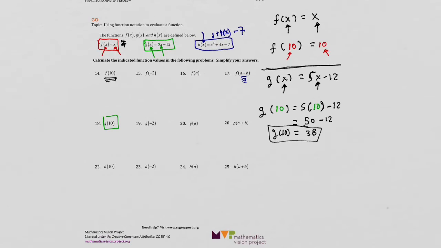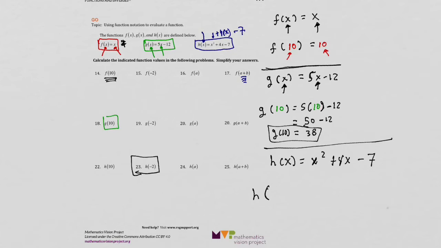All right, so let's do one more problem. Let's do h of 10. Actually, no, let's do one with a negative. Let's do h of negative 2. So let me rewrite the original function, which is h of x equals x squared plus 4x subtracting 7. So now what I'm interested in is evaluating h of negative 2.